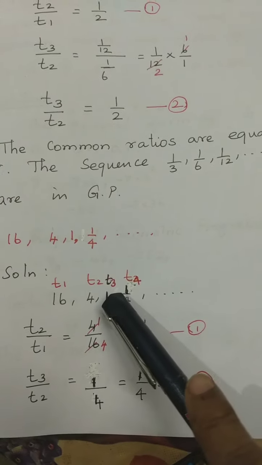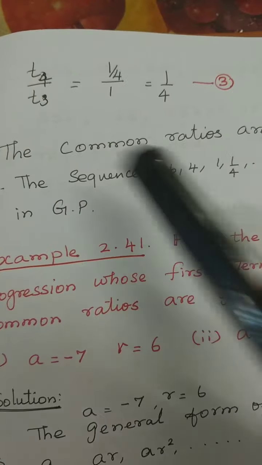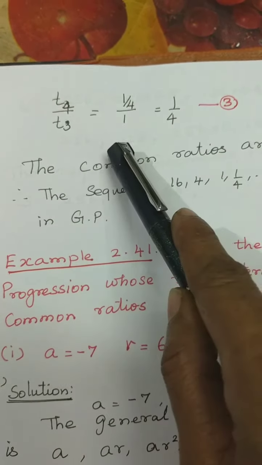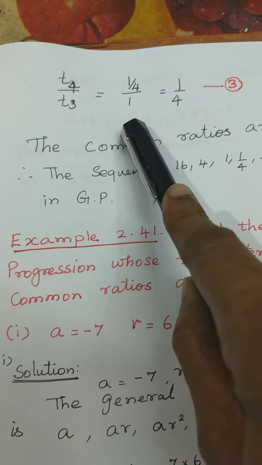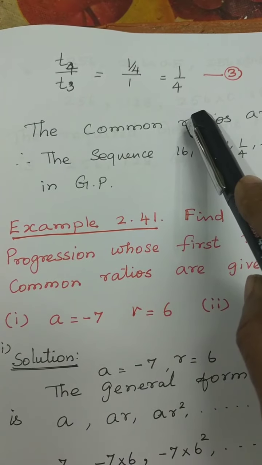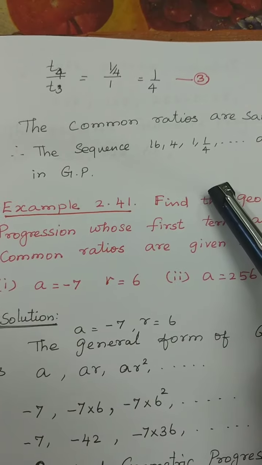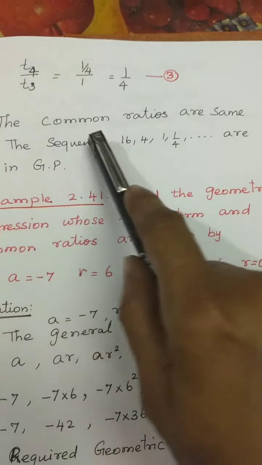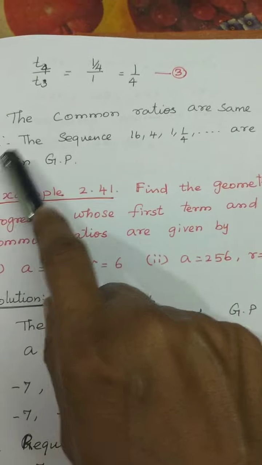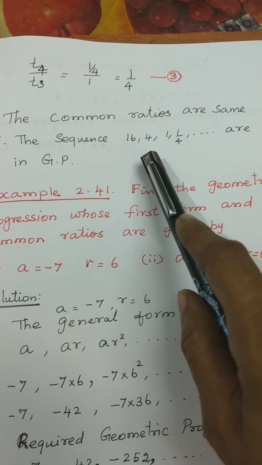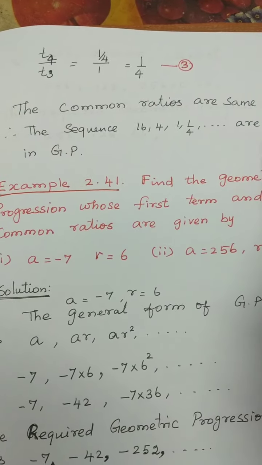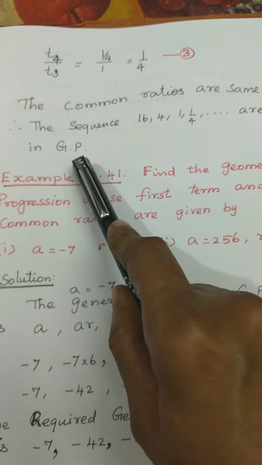T4 by T3 is equal to 1 by 4 by 1. That is 1 by 4. So the three common ratios are same. Therefore, the sequence 16, 4, 1, 1 by 4, and so on are in GP.